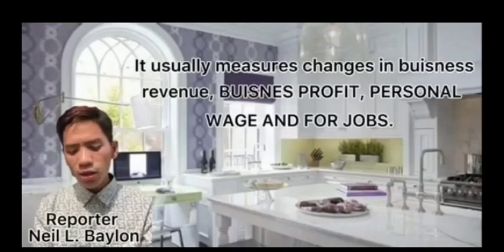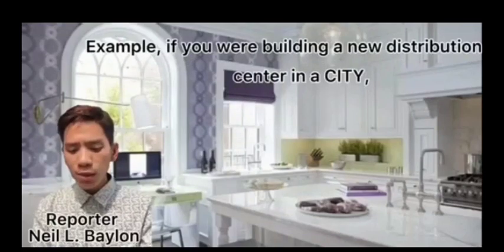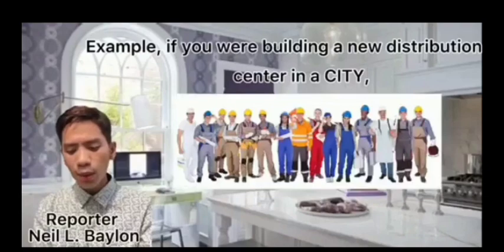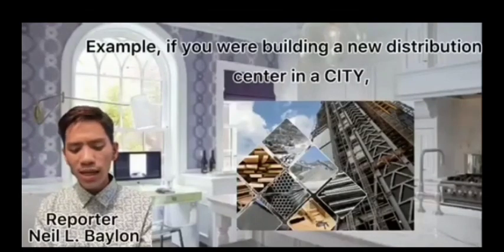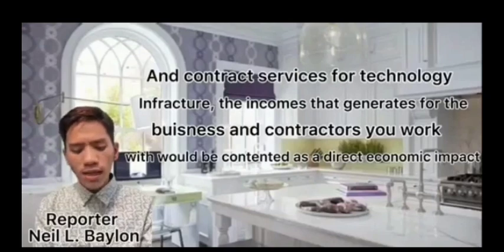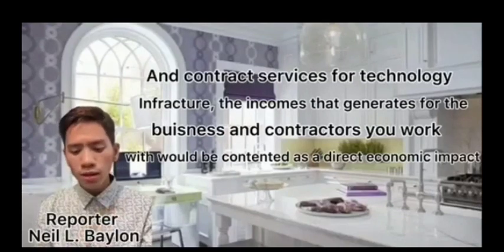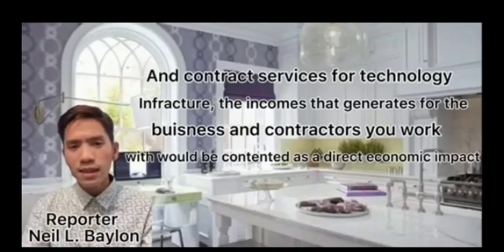It usually measures change in business revenue, business profit, personal wages, and jobs. For example, if you are building a new distribution center in a city, you will need to hire labor, buy materials from suppliers, and contract services for technology infrastructure. The income that generates for the business and contractors you work with would be counted as a direct economic impact.